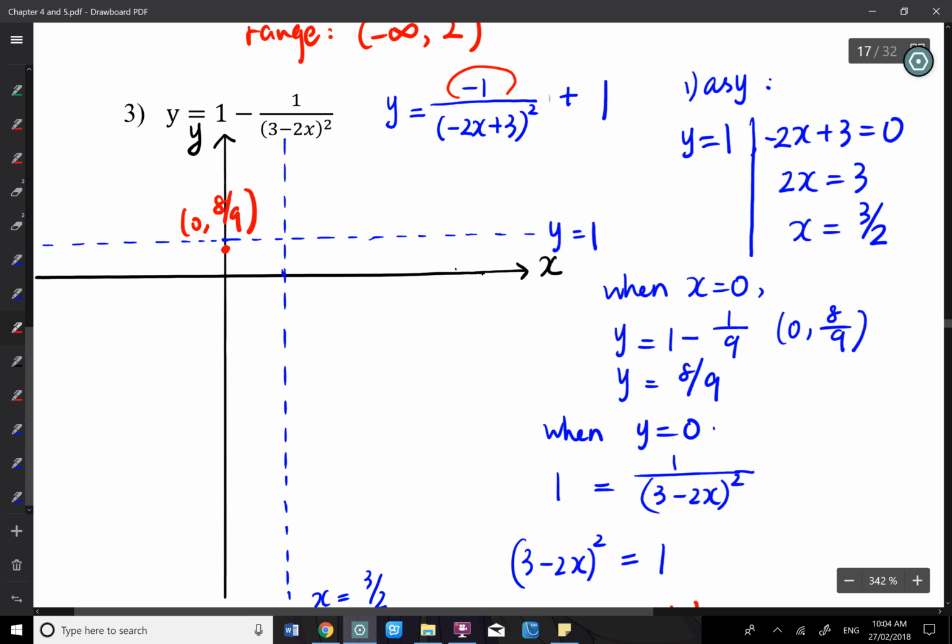It's not those two parts of the graph. (1, 0) and (2, 0).